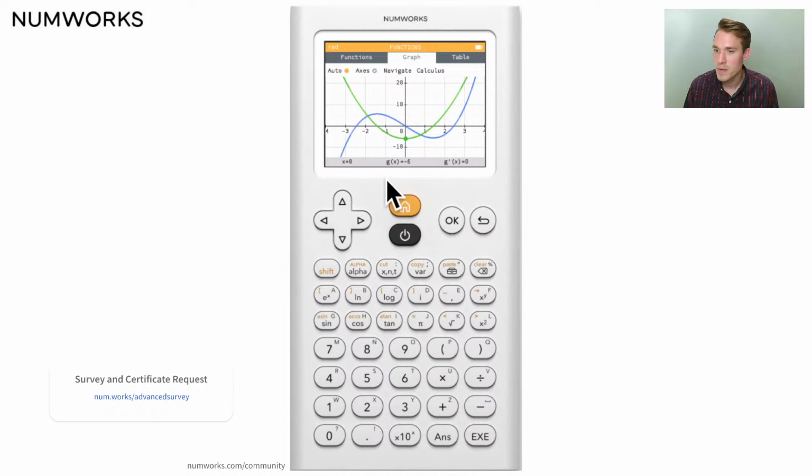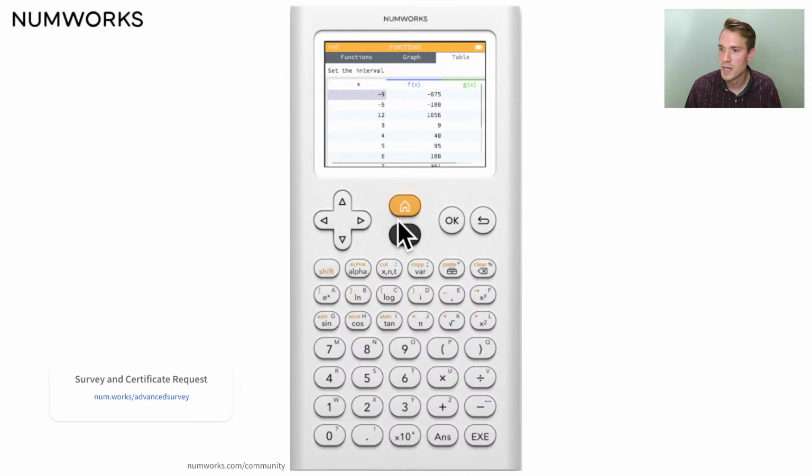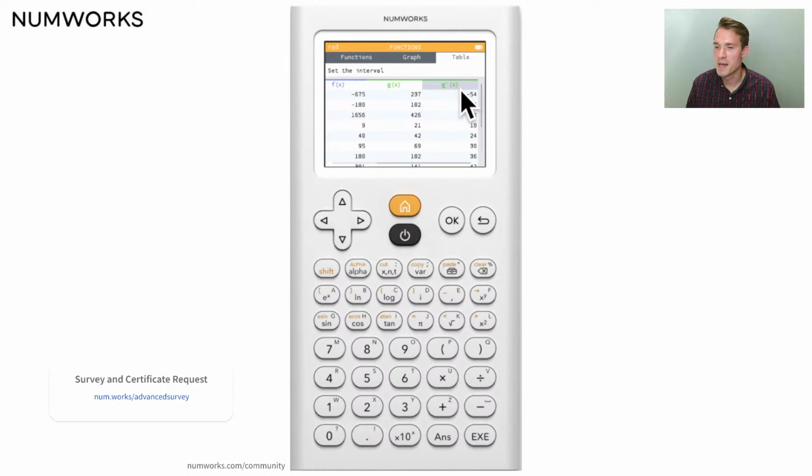Now g, which is f prime of x, g prime would be f double prime of x, and I can quickly find the second derivative. And if I go into my table, I could also turn on the derivative column of g, which would be f prime, f double prime.